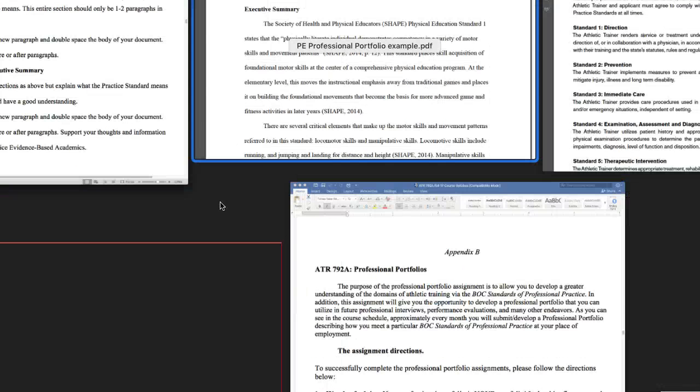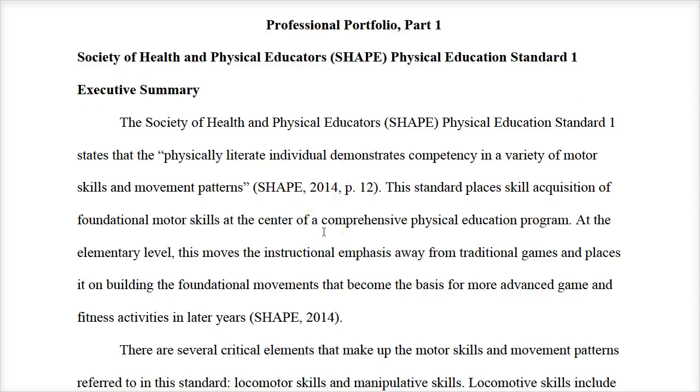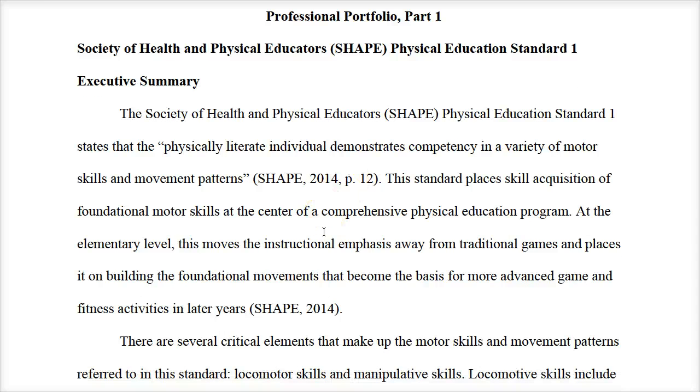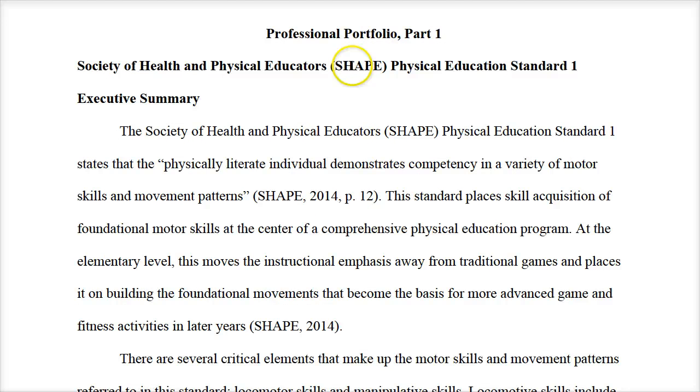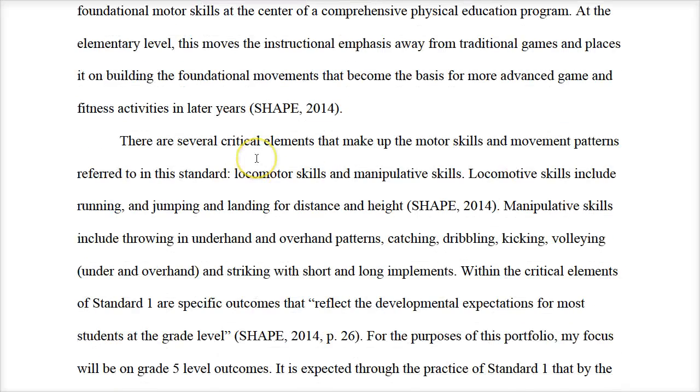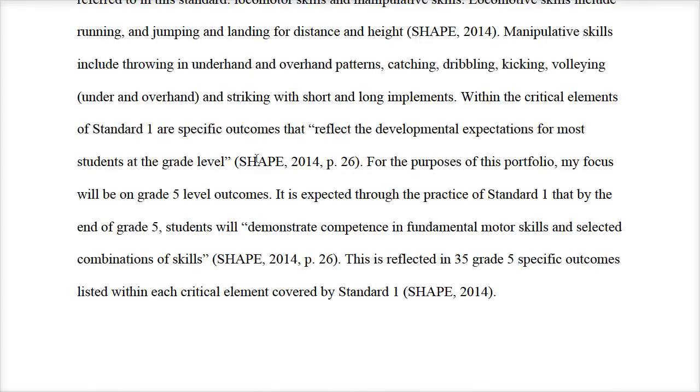So let's take a look at our PE example. I'm not going to read this to you, but since you're not PE teachers, you should have a good understanding of what this Society of Health and Physical Educators, or SHAPE, Physical Education Standard 1 means by reading this summary. Again, you're not a PE teacher.